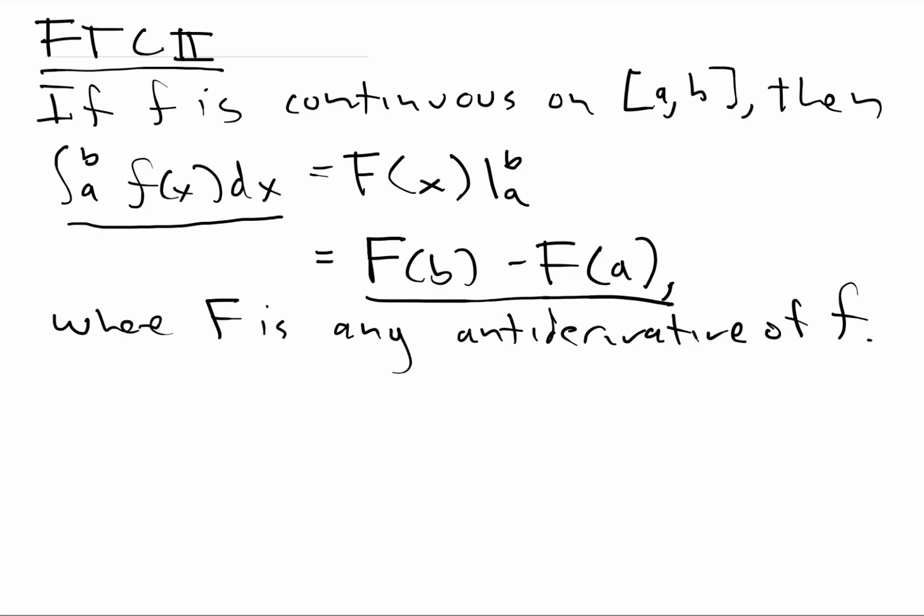So this is my antiderivative with my top bound substituted in minus my antiderivative with my bottom bound substituted in. And again, by that last note, we didn't need specifically the area so far function. We could just take any old antiderivative of f, including the ones that we get by using our antiderivative rules.